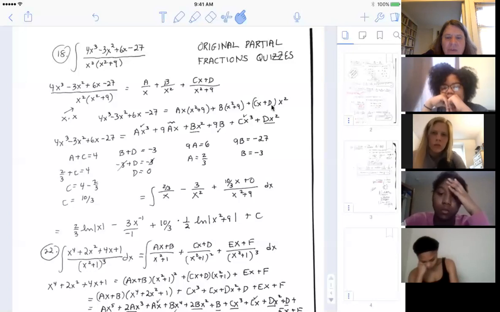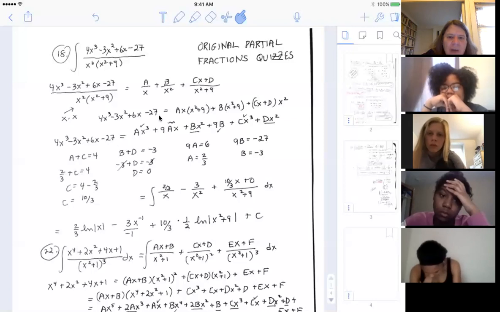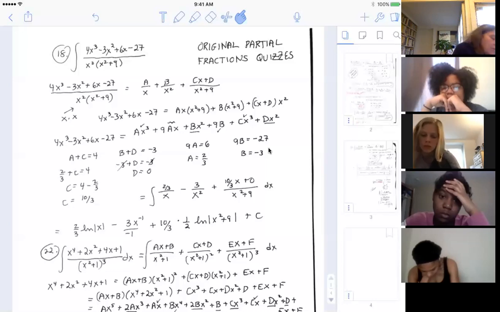That term drops out. On the left-hand side, all of those drop out. You get minus 27. If you let x be 0 here, you get 9B is minus 27, so B's minus 3. That was an easy one. Always start with the ones you can let be 0. So I found just one thing from that, but it'll help me in the end.